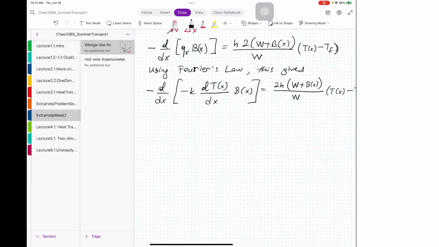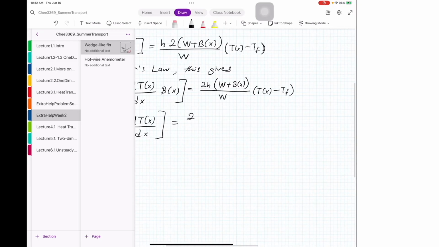And after simplifications, we get d over dx of b of x dT of x over dx is equal to 2h W plus b of x over k W, T of x minus T of f. So almost all.